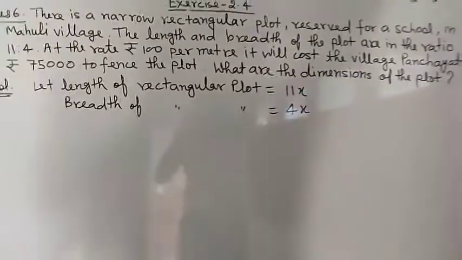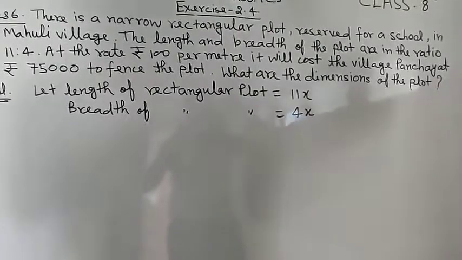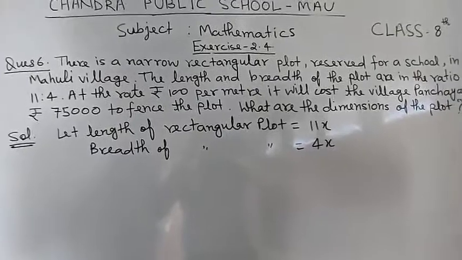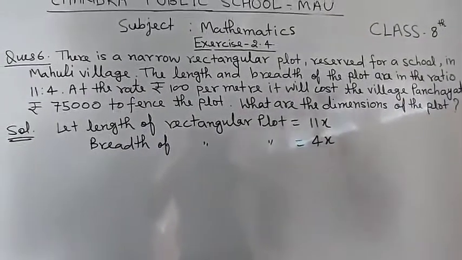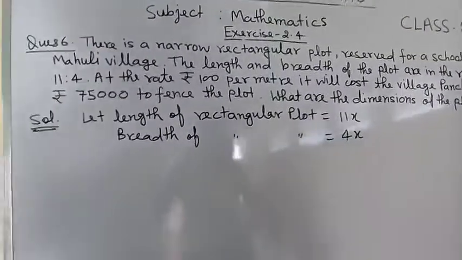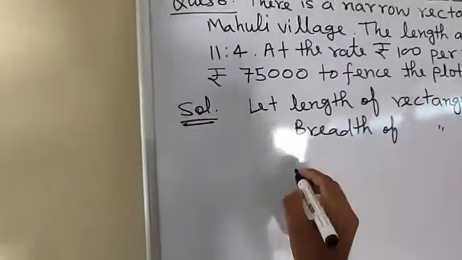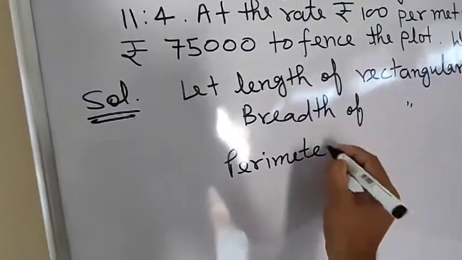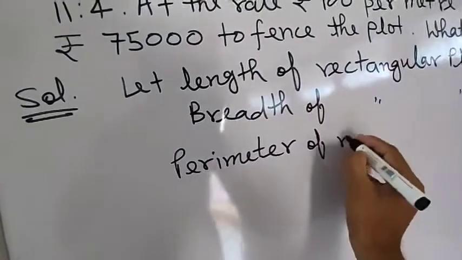Now Gram Panchayat is going to make the fence all around the plot. So the total length of the fence will be up to its perimeter. So here you will find the perimeter of a rectangular plot.